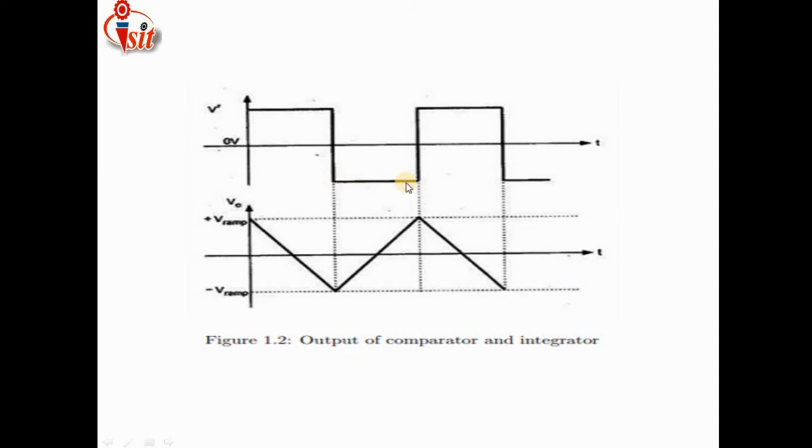Again it remains steady at some position. This is the rising position, this is a steady position, and this is a falling position. For the rising position, the integrator output also goes in a rising direction. For the decreasing position, the integrator output also goes in a decreasing direction. Like this, there is a variation.